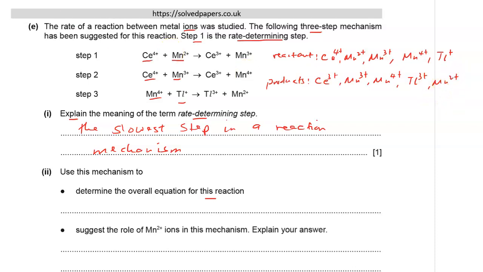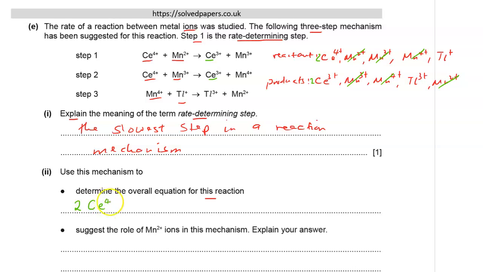So you cancel the species that appear on both sides. And don't forget these are 2, and these also are 2, because there is step 1 and step 2, and there is this and this. So this will be 2.